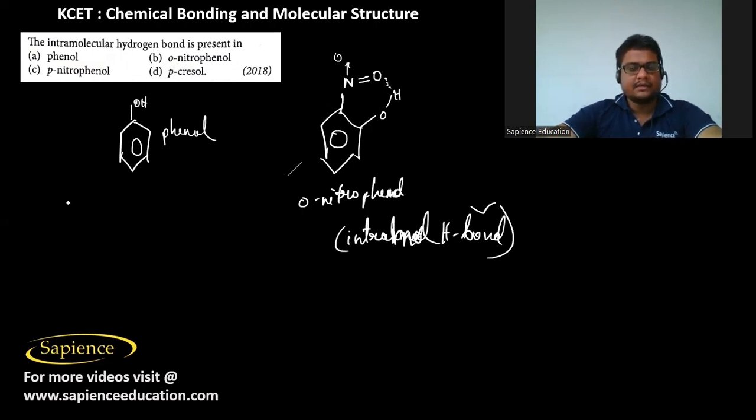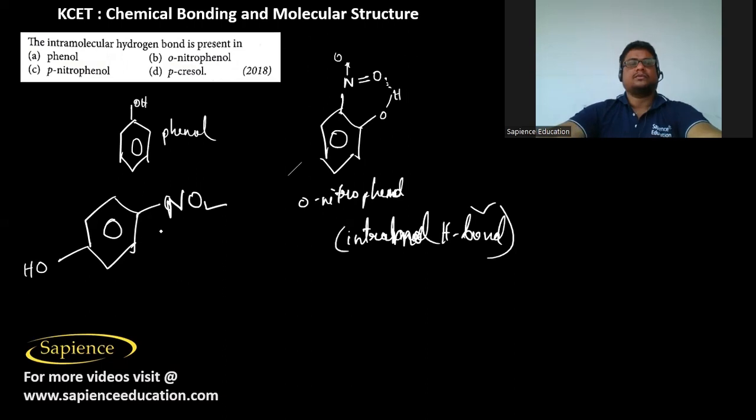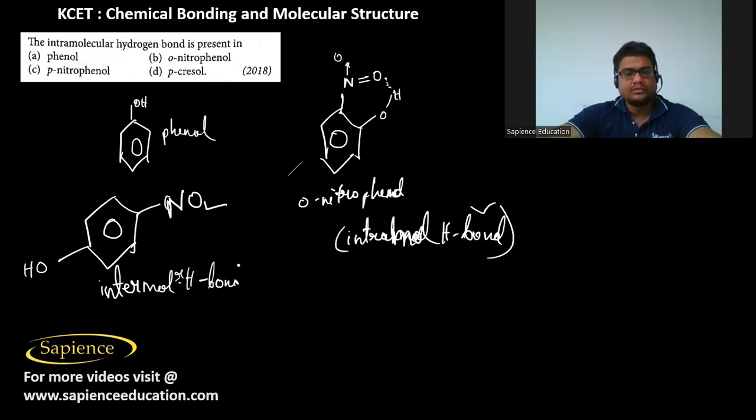But in case of paranitrophenol, here the NO2 group is oppositely linked to the OH group. So here we can have intermolecular hydrogen bond, but there will be no intramolecular hydrogen bond. It will be intermolecular hydrogen bond. This is paranitrophenol.